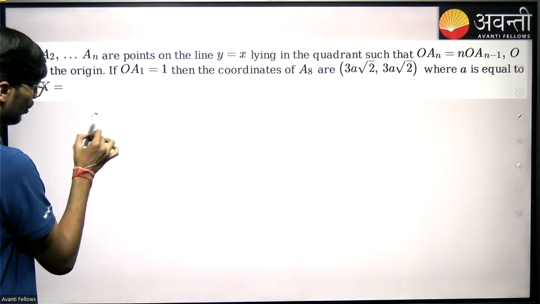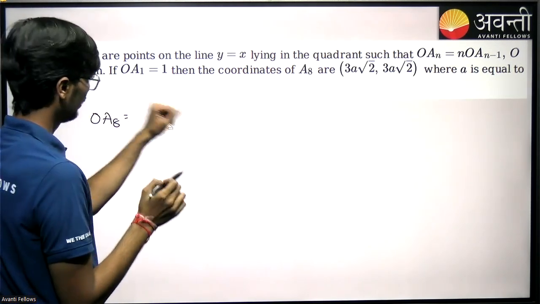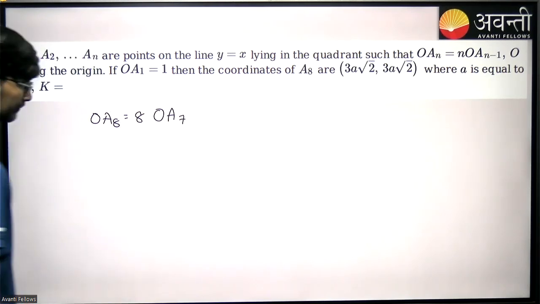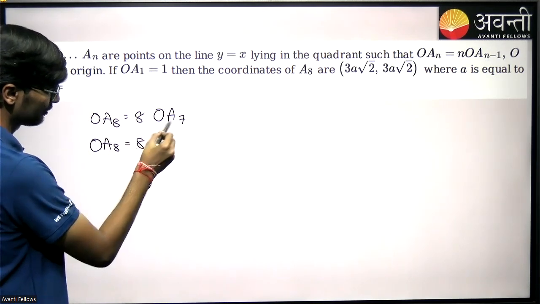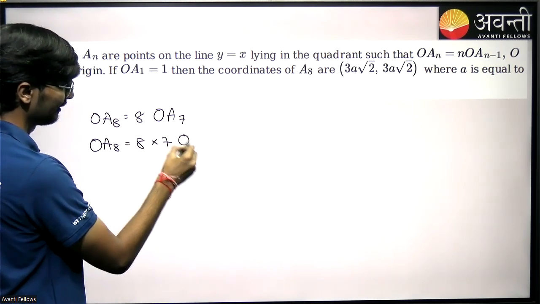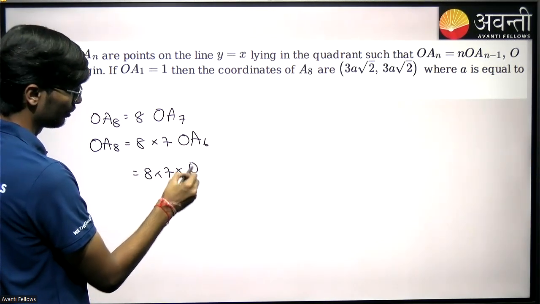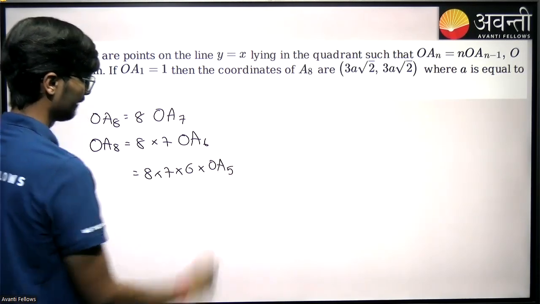So I'll get OA8 is equal to 8 into OA7. Similarly, I can write this OA7 as 7 into OA6, then 8 into 7 into 6 into OA5.